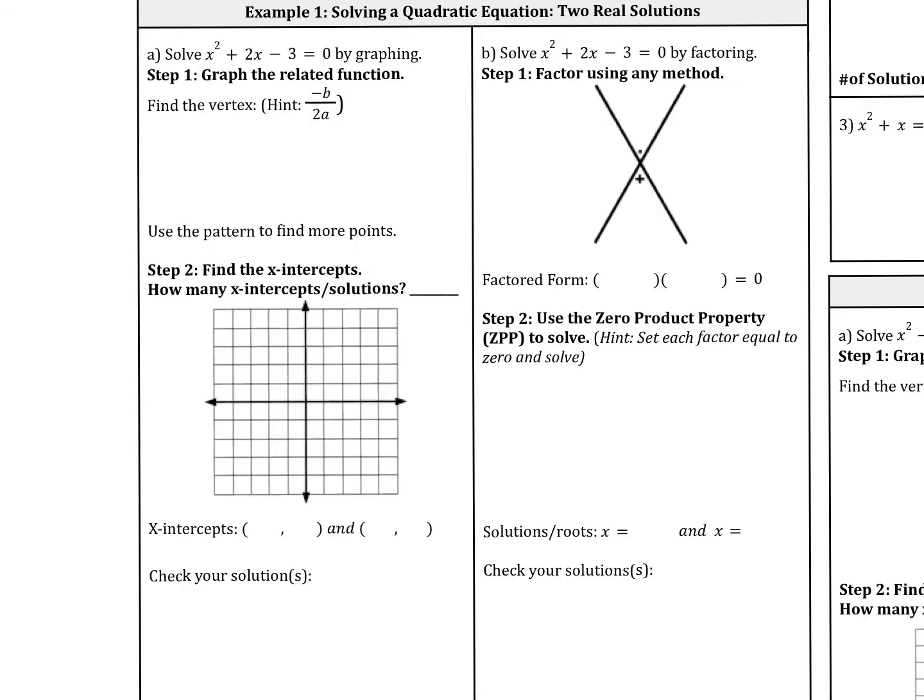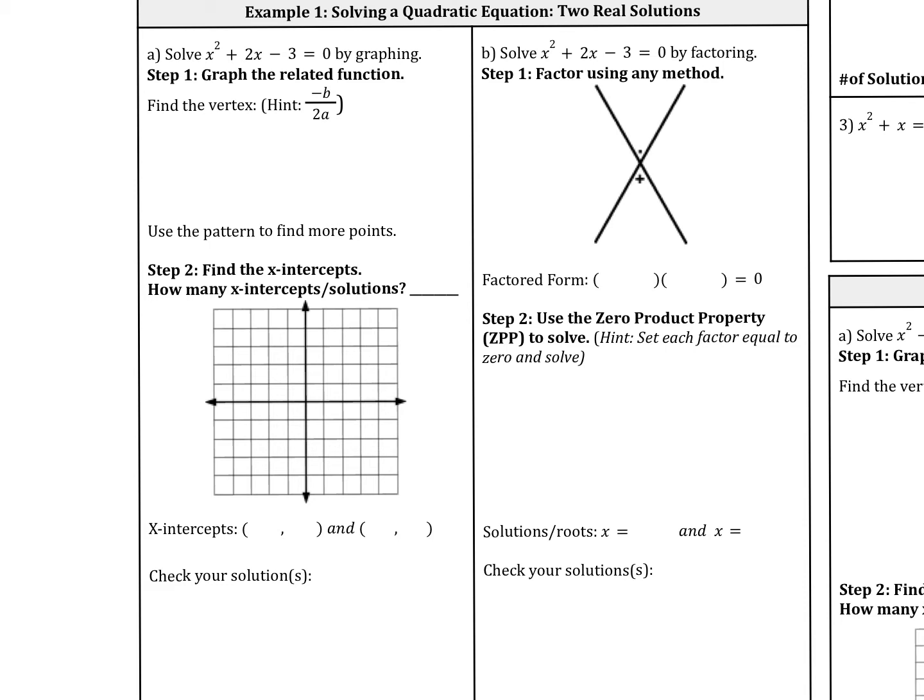Next, we are going to do example number 1, solving a quadratic equation with 2 real solutions. In letter A, you're going to solve x squared plus 2x minus 3 equals 0 by graphing. For that, step number 1 is to graph the related function using the vertex.